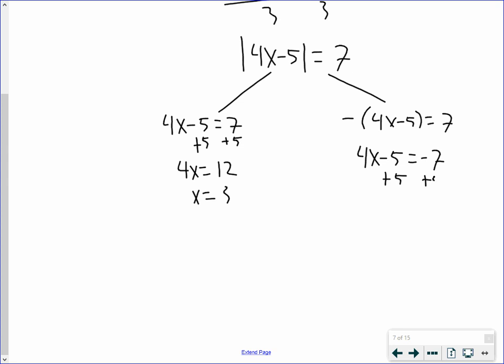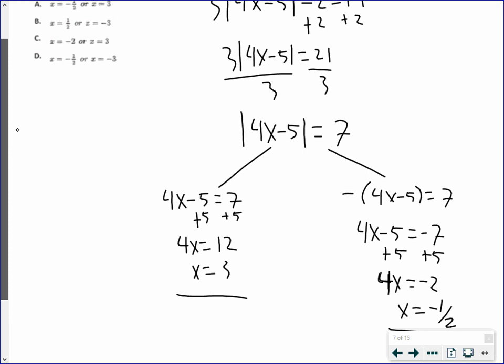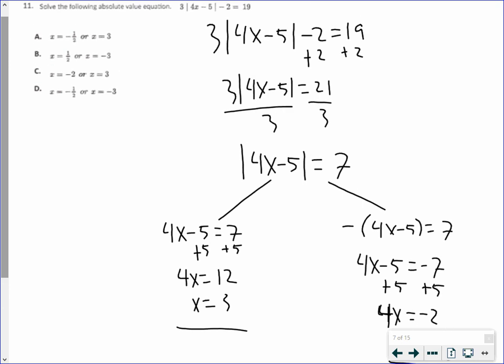Add 5 to both sides. 4x equals -2, or x equals -1/2. So these are our 2 answer choices: x equals -1/2 and x equals 3. So let's go ahead and look at our answers, and we see our answer for this one should be A: x equals -1/2 or x equals 3.